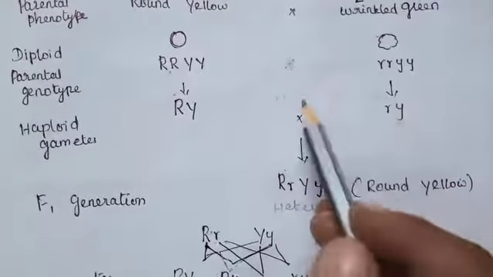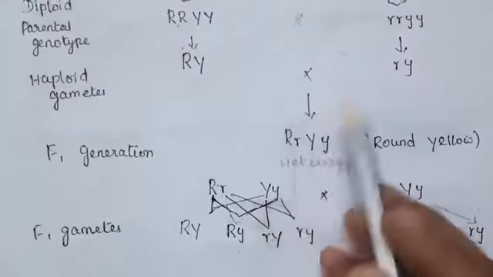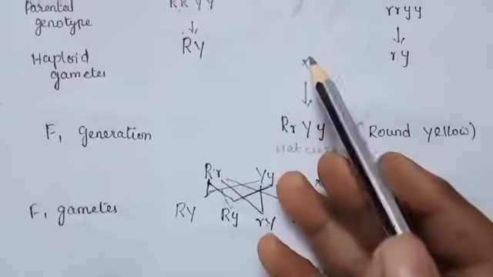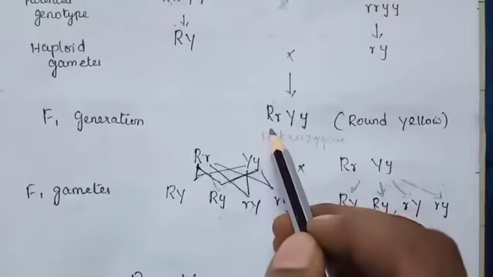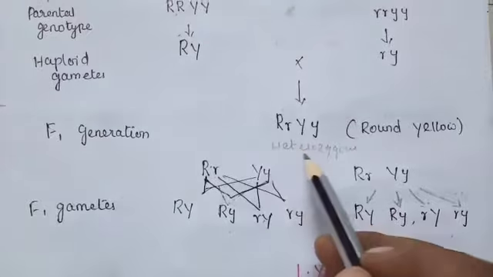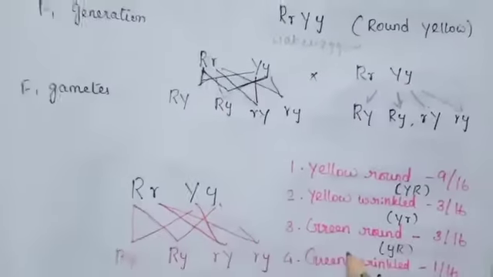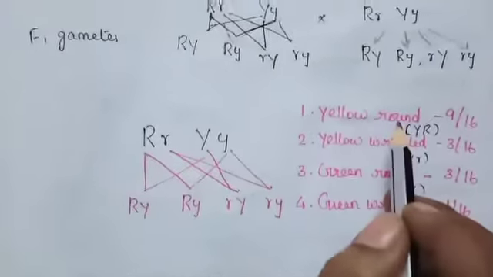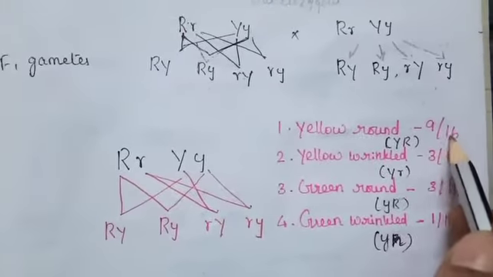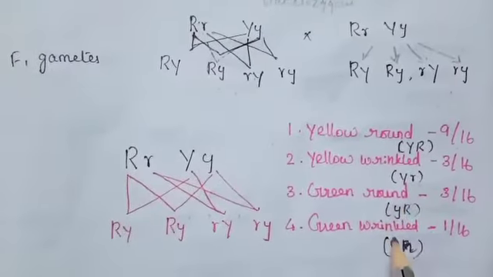During gamete formation, the paired genes of a character assort independently of the other pair. During F1 into F1 fertilization, the zygote receives, with equal probability, one of the four combinations from each parent. Yellow round 9 out of 16, yellow wrinkled, green round, green wrinkled.